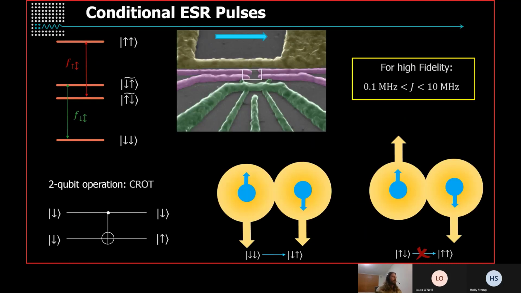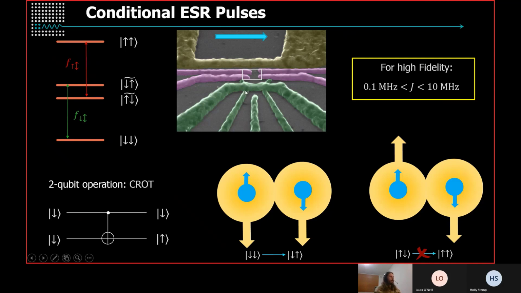Just because I'll use it later, I would like to explain one more way to perform a 2-qubit gate, which is to perform an X gate on the right electron conditional on the state of the left. So if we go to a very small exchange value, so smaller than 10 megahertz, all this does is it slightly hybridizes the anti-parallel spin states, but crucially, it changes the resonance between the green and the red transitions.